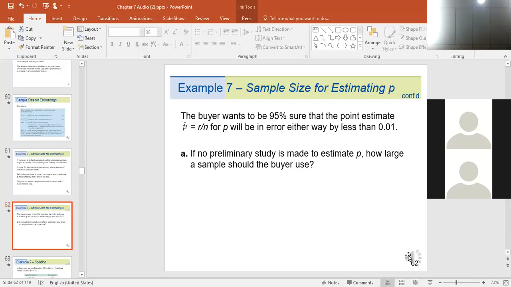Then Z alpha over 2 is 1.96. n will be 1/4, that is 1/2 times 1/2, times 1.96 over 0.01 squared, which is 196 squared divided by 4. You can use your calculator to get this.